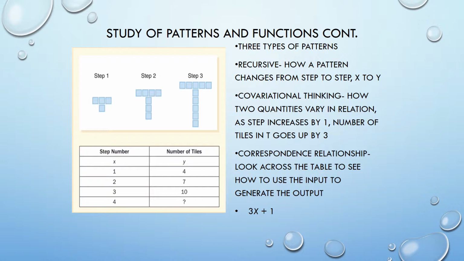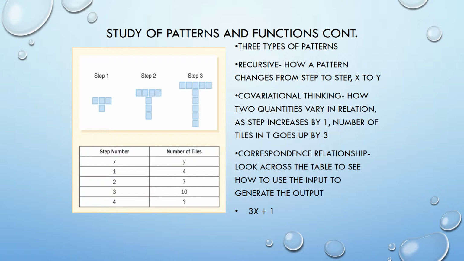So what's happening to get from 1 to 4, from 2 to 7, from 3 to 10? We know that we could add 3 to get to 4, but can we add 3 in order to get to 7? If the generalization or the rule does not apply to everything, then it is not the correct generalization or rule. Instead, we have to find another way to get to 4.